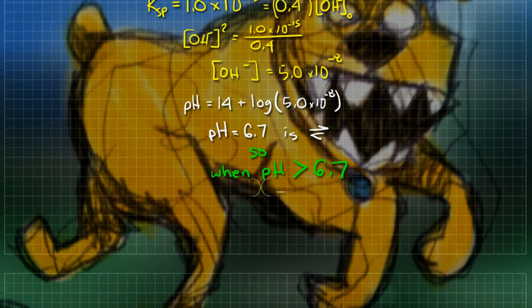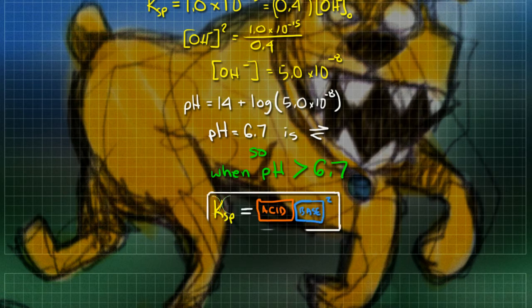I'll try not to. All right, so let's just look at the formula we used up above. Let's think about why the pH getting bigger than 6.7 would make a precipitate form of the cobalt hydroxide.